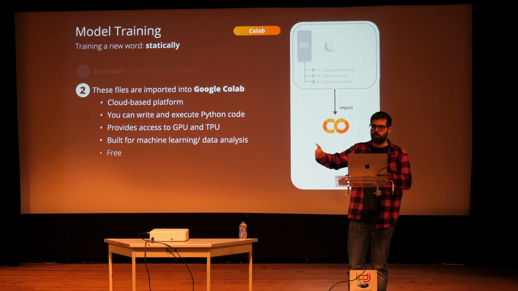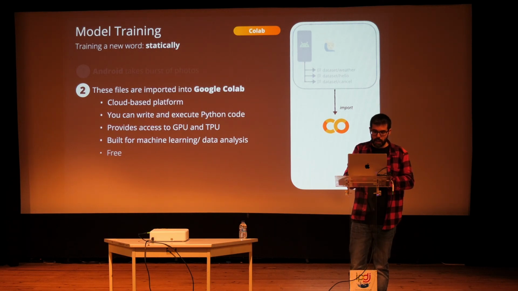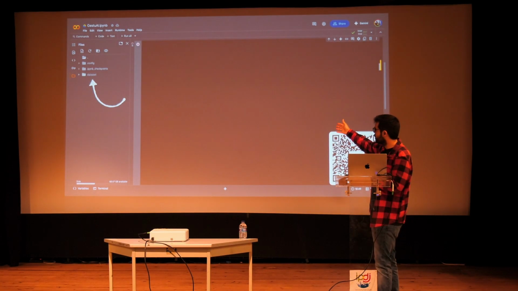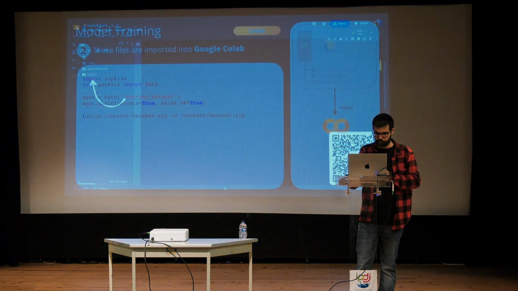If you've got a lot of information that you need to process, it has a bar that you cannot surpass, and otherwise you need to pay for more storage. It was built for machine learning and data analysis. Basically, you can import your data set here, and then on the right you can run your Python script, execute it, and you're going to train your model.